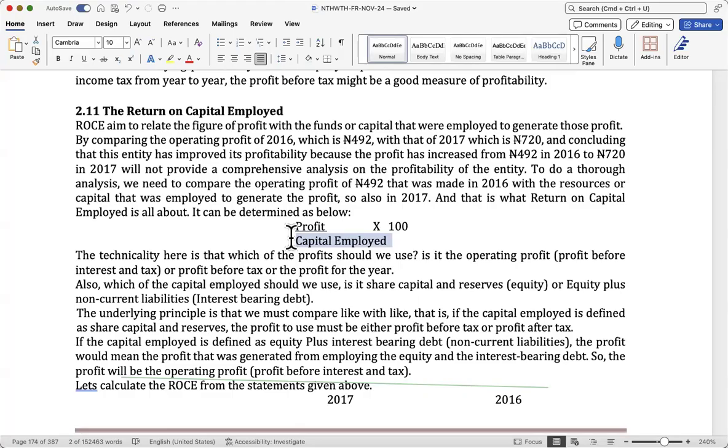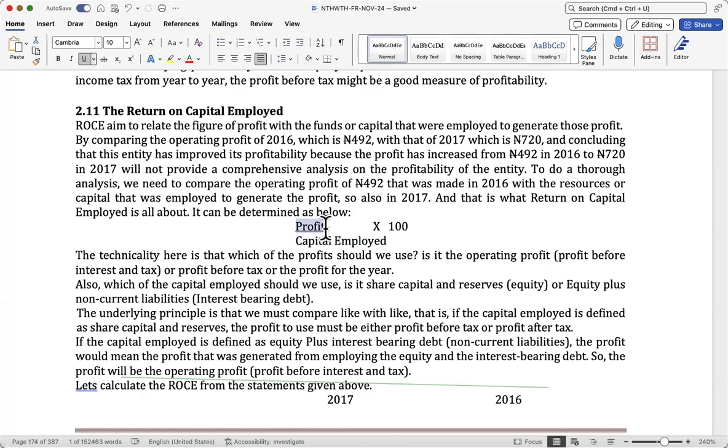So if the examiner tells you that the capital employed you should use is your equity, which is your share capital plus your reserves, then the profit you are going to use will solely be the profit that is due to equity holders or shareholders alone.